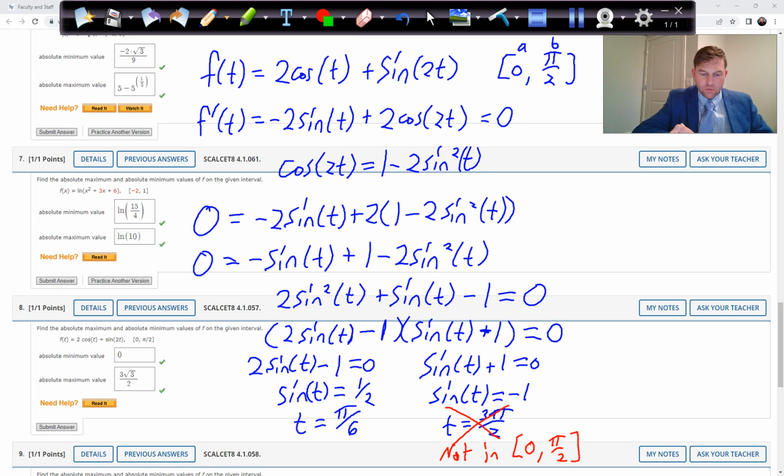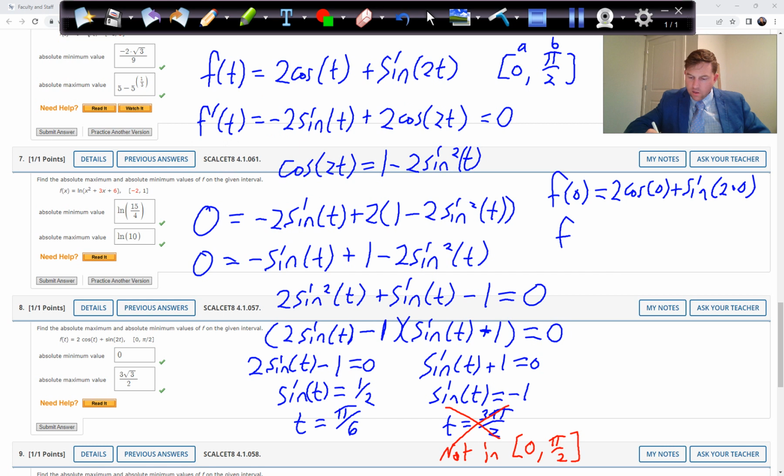Save a little work. So we just have to plug in 0 into the original function, which would be 2 cosine 0 plus sine of 2 times 0. Well, cosine of 0 is 1, sine of 0 is 0, so this is just 2. Then we have to plug in pi over 6.